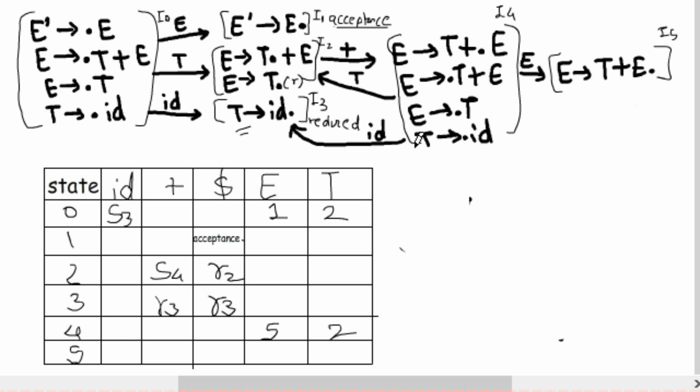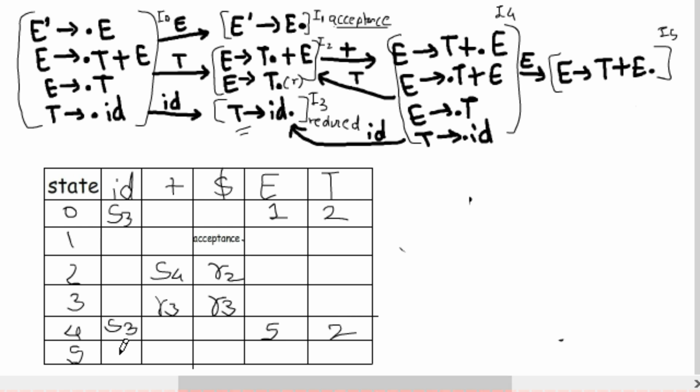Now, state number 4 goes back to state number 3 after reading ID. So we will write S3. We don't write only 3, we write S3 because this is a terminal symbol, and if it is a terminal symbol, we write it with S. Now, it went back with T, it went back with ID, and it went to the next state with E. So ID, E and T. This one is finished.